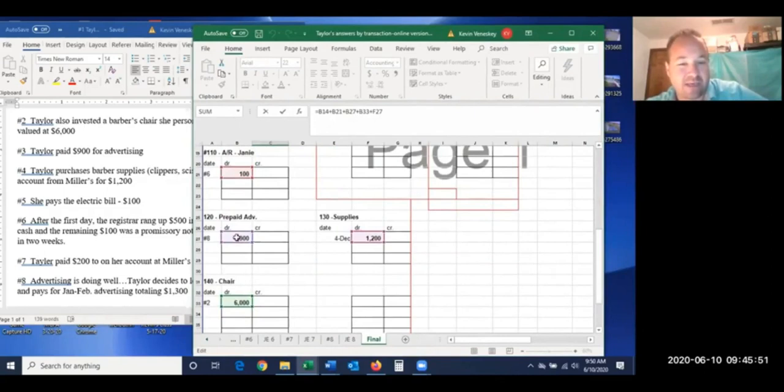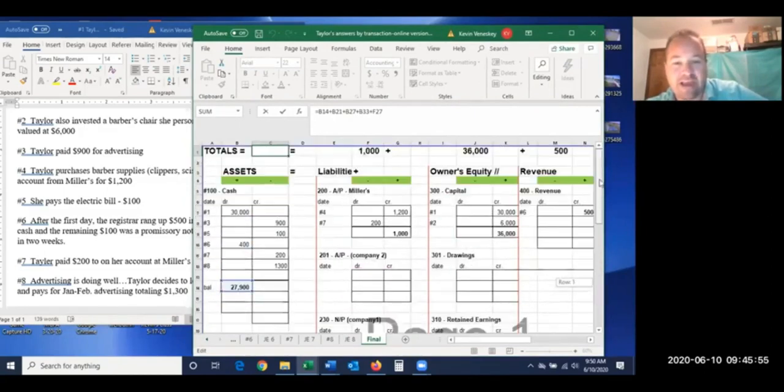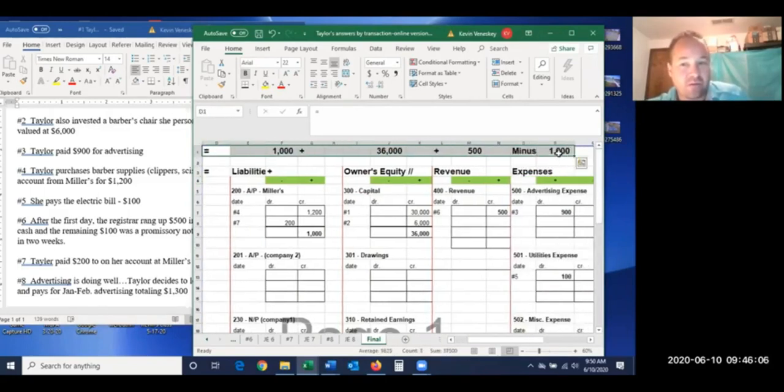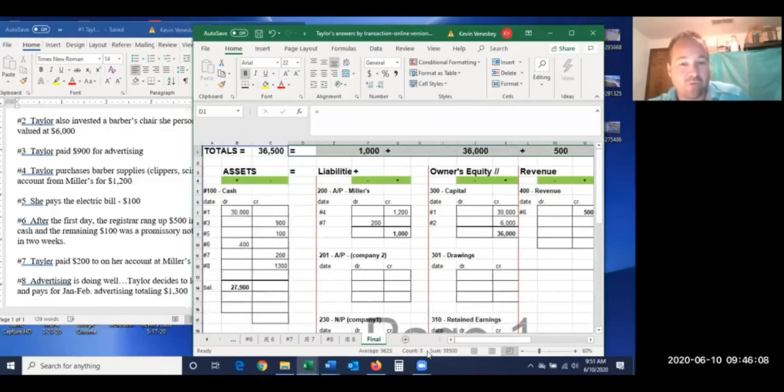My AR, my supplies, my prepaid, and my chair. If I add up all of those, it says my total assets are $36,500. Now that tells me that everything over on this side of the equal sign better also be totaled up to $36,500.